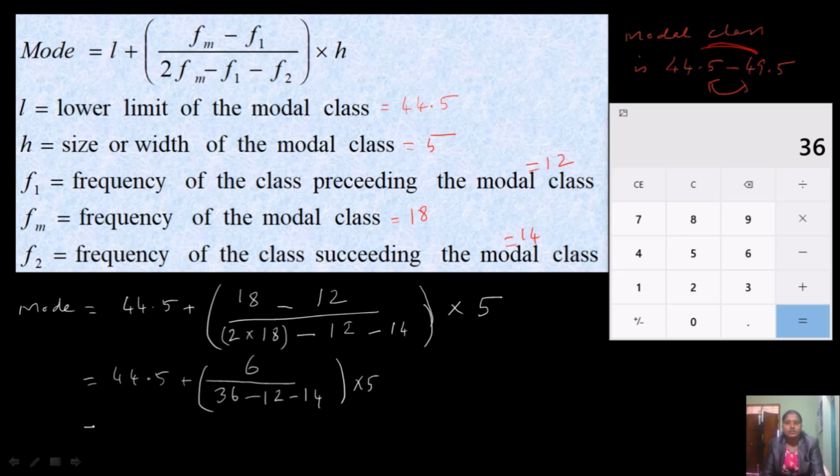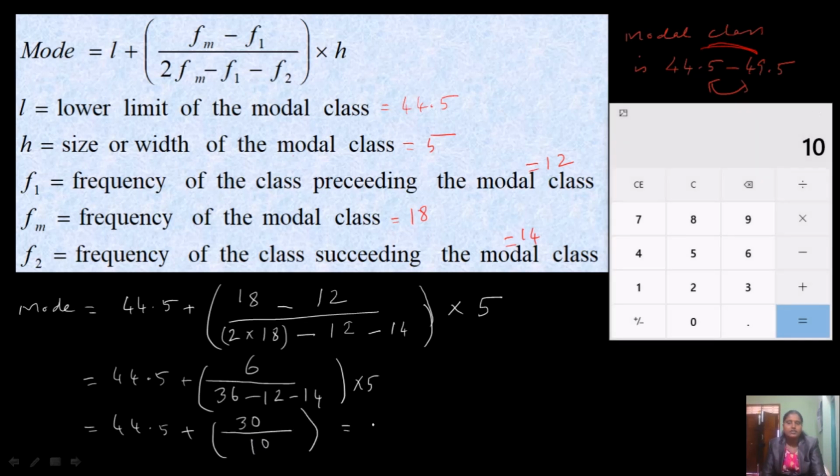So that's equal to 44.5 plus, 6 into 5 is 30, over 36 minus 12 minus 14, which is 10.